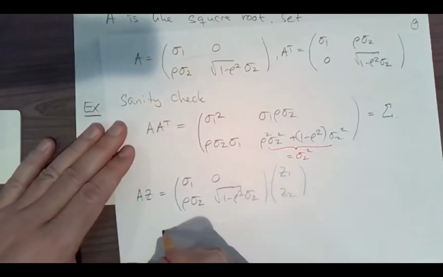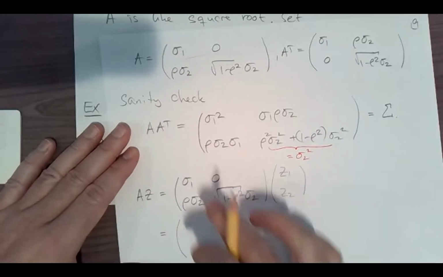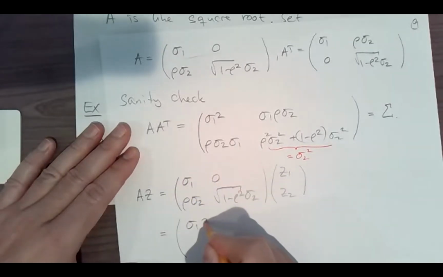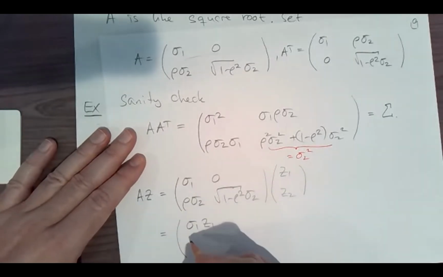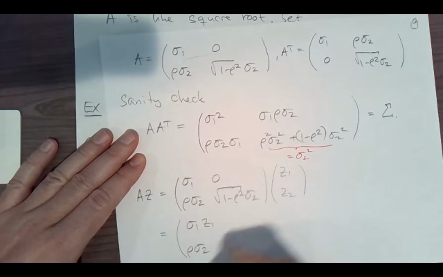I can multiply out the matrix. So this is sigma 1 Z1, and downstairs I'll get rho sigma 2 Z1 plus root 1 minus rho squared, sigma 2 Z2.